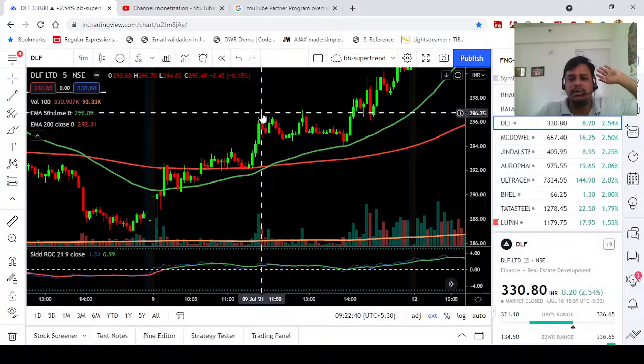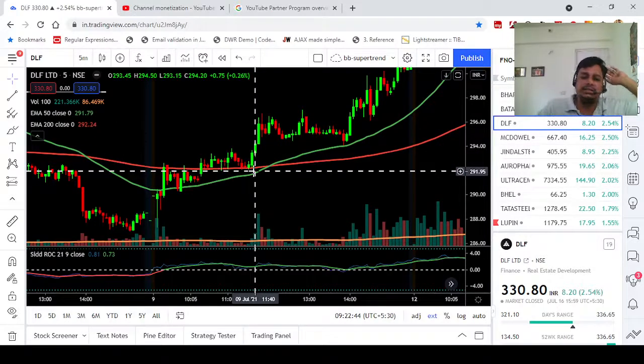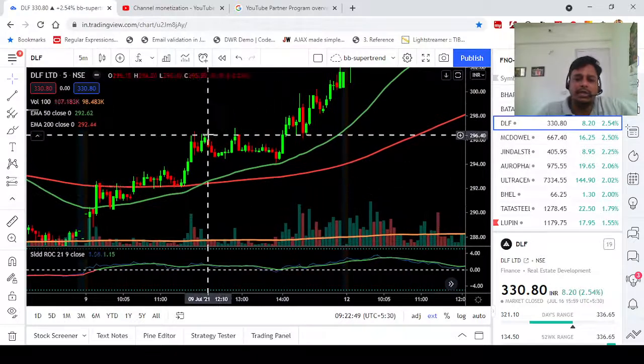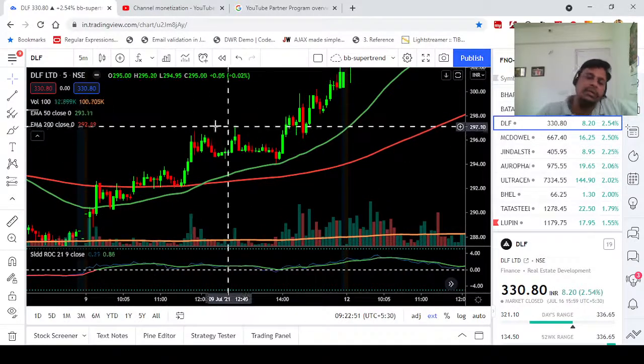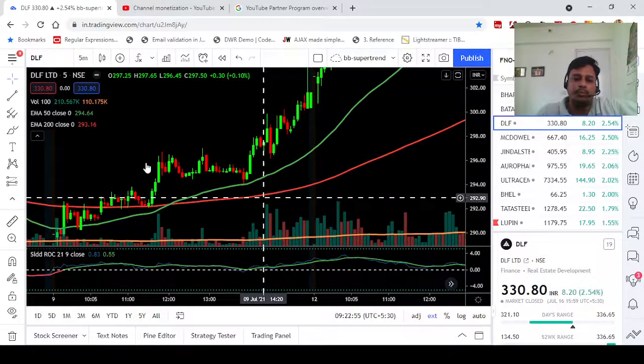Then again, when you see that okay, I have already got 2.5%, just take the profit and close the trade. Again you will see that the stock is trying to come back near the 50 moving average or 200 moving average, so pullbacks are happening.